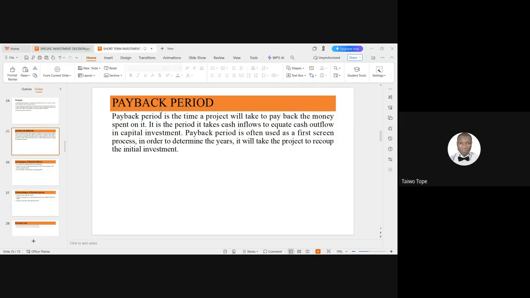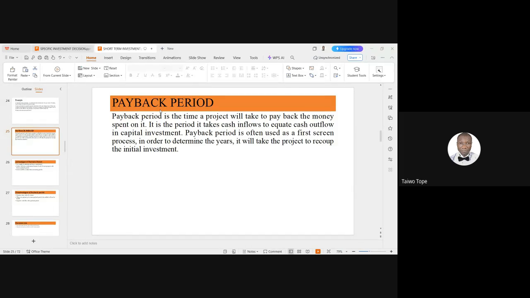In year 2, you recoup 50,000. It means you have an inflow of 150,000 cumulative. In year 3, you recoup 50,000. It means as at year 3, you've recouped your whole investment. So the period it takes for your cash inflow to equate with your cash outflow is 3 years, which is termed the payback period.